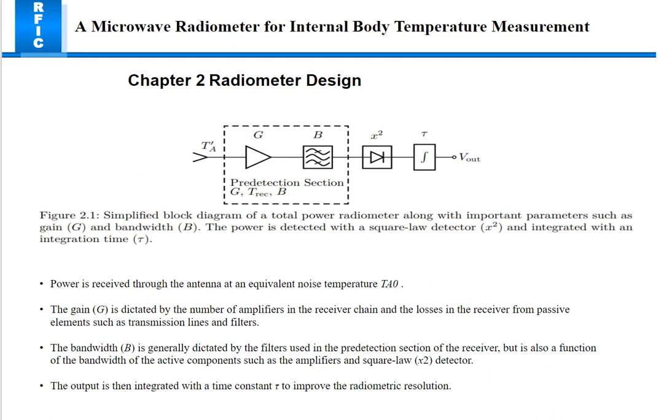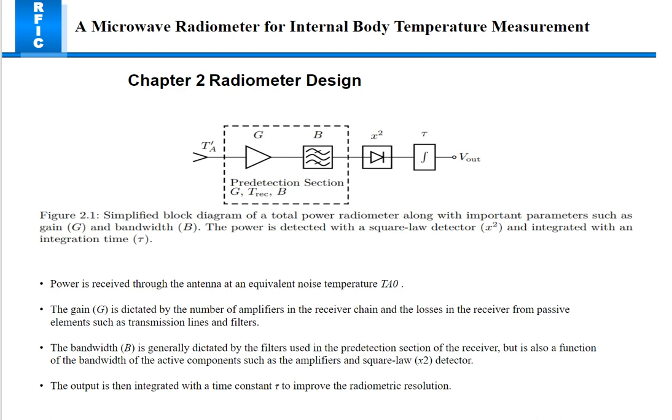The power is detected with the square law detector, x squared, and integrated with an integration time. The power is received through the antenna with an equivalent noise temperature. The bandwidth is generally dictated by the filter used in the preselection section of the receiver, but is also a function of the bandwidth of active components such as the amplifier and square law detector.